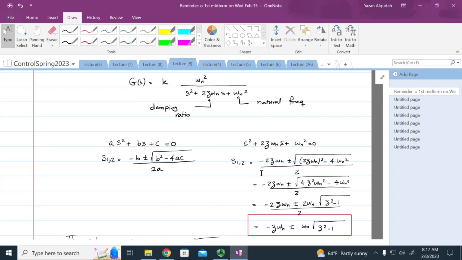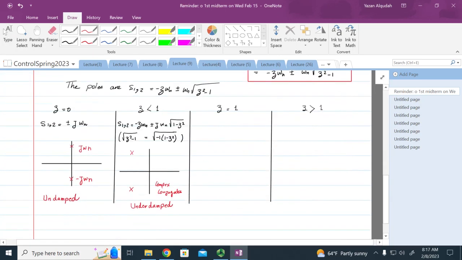And that will be the term that I'm going to have in my equation. Since these terms are real, 2 zeta omega n is real, omega n squared is real, the only way they can be real is if the complex parts cancel each other. Does that make sense? So as long as we see a function with real constants, then all the roots are going to be complex conjugates. Make sense?